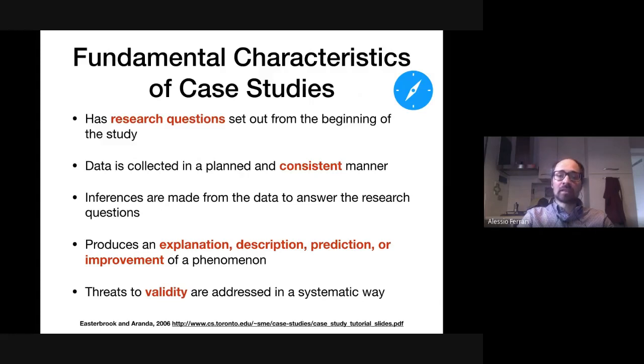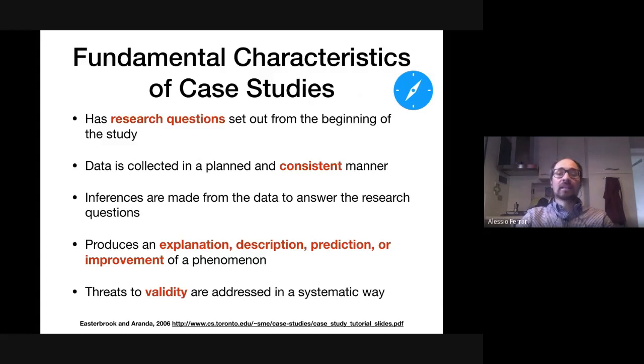Inferences are made from the data to answer the research questions, so there is a clear link between the research questions and your findings, like in experiments and in qualitative research, and this is actually a mix of all this. It produces an explanation, description, prediction, or improvement of a phenomenon. You already remember the different types of empirical inquiries, in which we had explanation, description, prediction, and improvement.